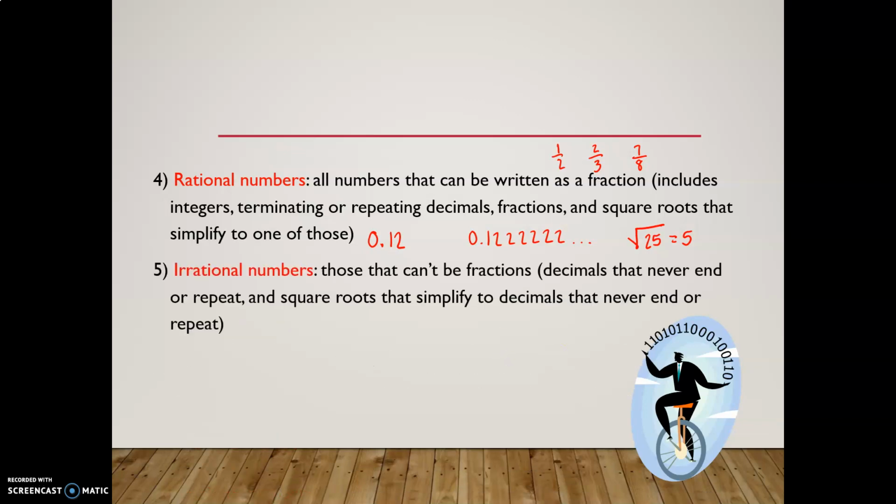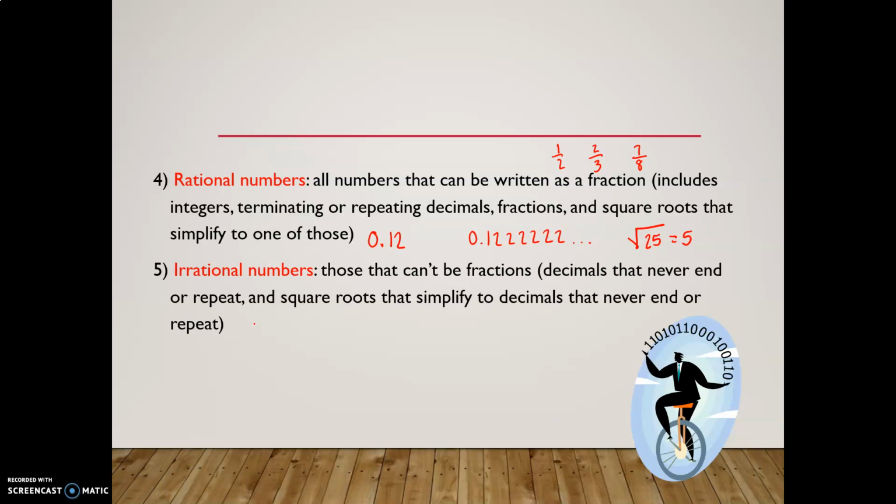And then finally, there's irrational numbers. Irrational numbers are anything that cannot be fractions. Something like 1.2 over 3.6 is not a fraction because we don't do decimals within fractions. By definition, that's not a fraction. Irrationals are decimals that never end or repeat.